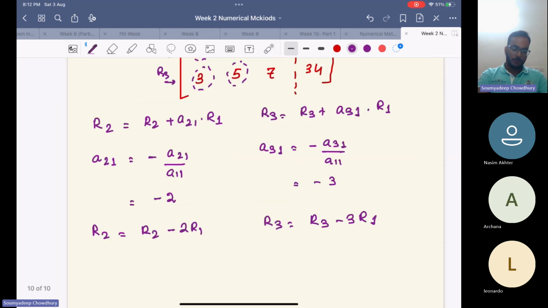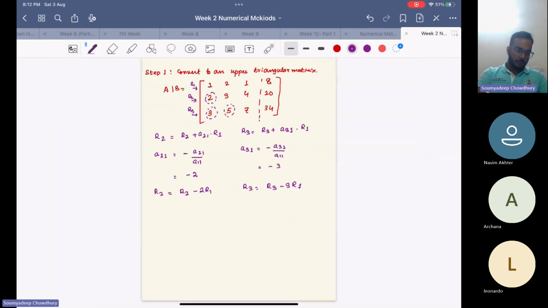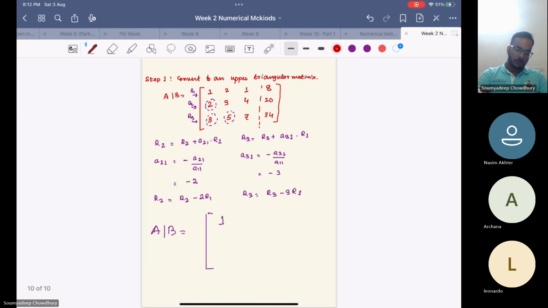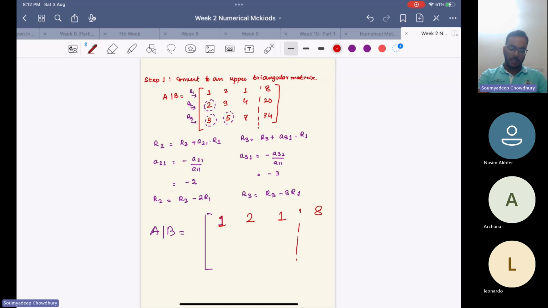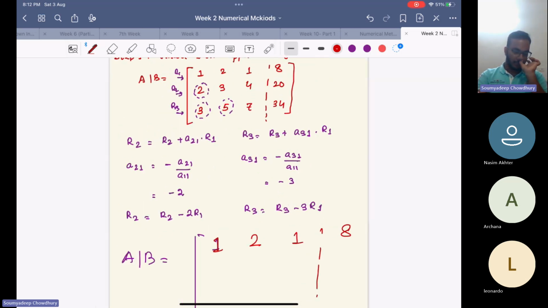If we do these two operations, in the first step my A|B will be: R1 is the same, 1, 2, 1, 8. What will be R2 dash? R2 is R2 minus 2R1.